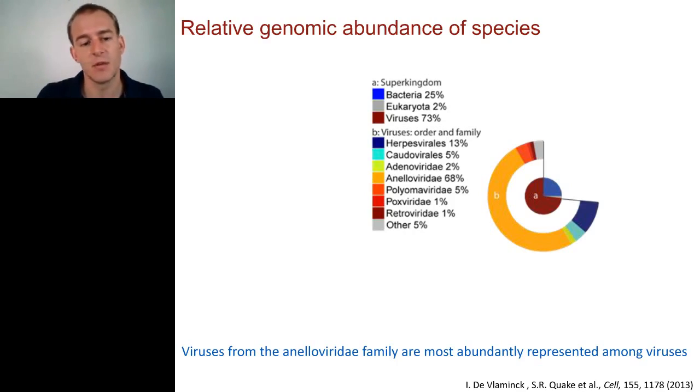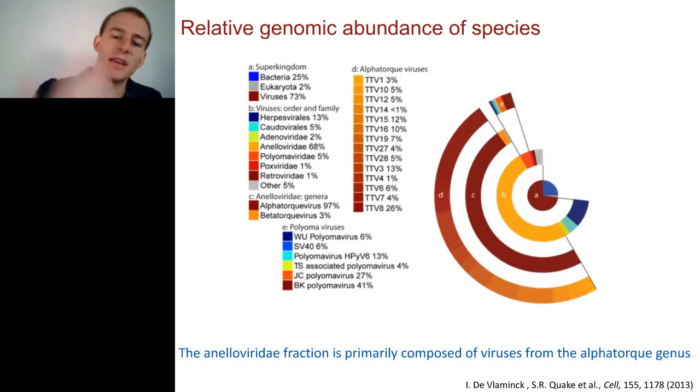The example of CMV was already touched upon, but also polyoma viruses, pox viruses, adenoviruses, etc., and also evidence of phages was found. Given the shotgun sequencing data, you can drill down on this a little bit more and find down to the strain level. You can figure out what the most likely source of these reads or sequences is.